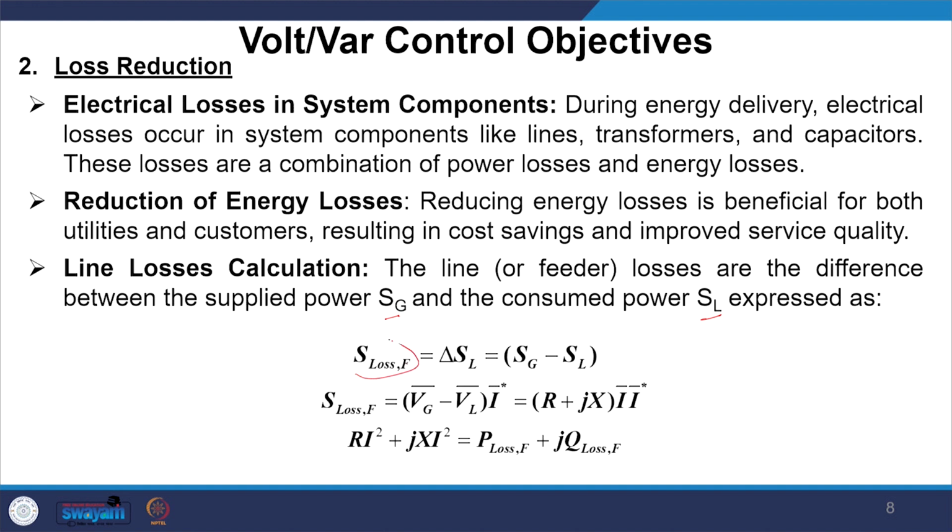So S loss is nothing but the difference SG minus SL, that is delta S. And one can easily calculate S loss, which is (Vg minus VL) times I star, which is nothing but (R plus jX) I star, which can further be reduced to I squared R plus j I squared X. So the first one is considered to be the real power loss component, the second one is the reactive power loss component, and we can say P loss plus jQ loss for any distribution system.